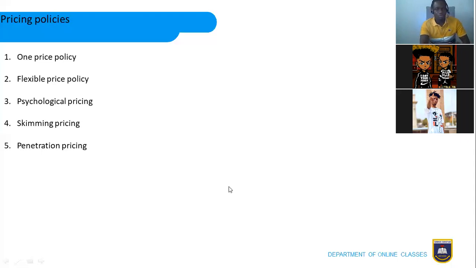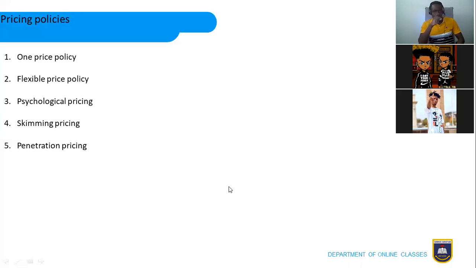Okay, then let's move on to the psychological pricing. For psychological pricing, it can be explained in two different ways. Now the first one, here you fix a price just to convince the customer, or draw the customer's attention to the product, creating the intention that, oh, it is a little bit cheaper than the original price.